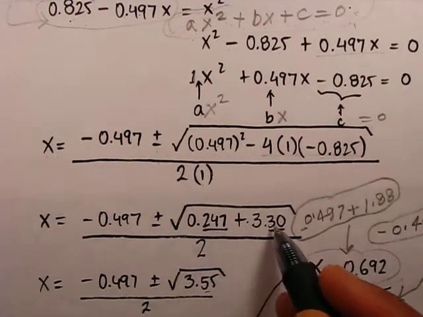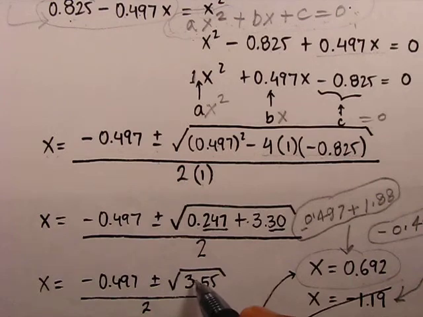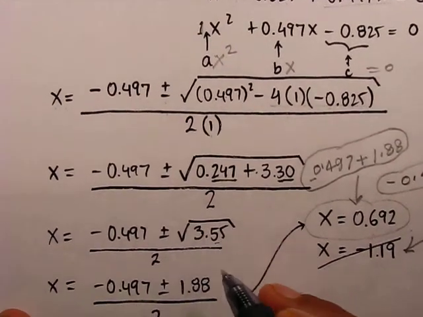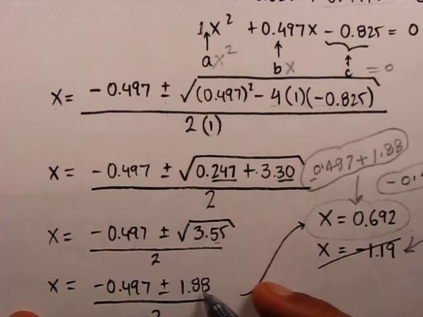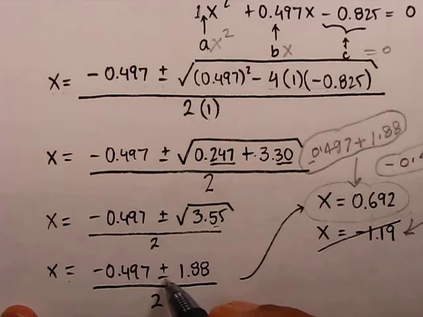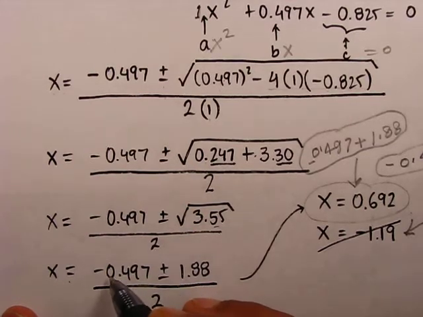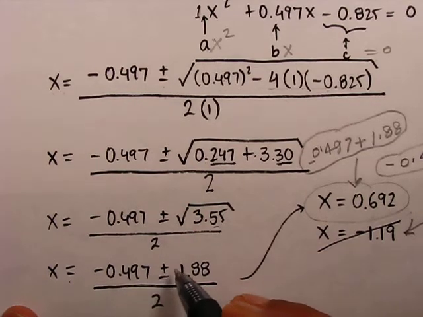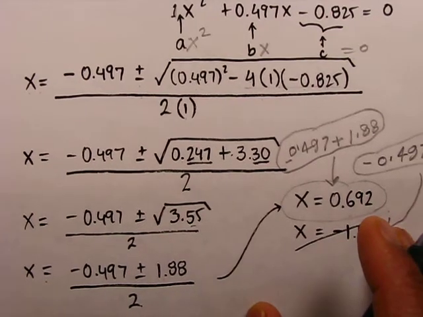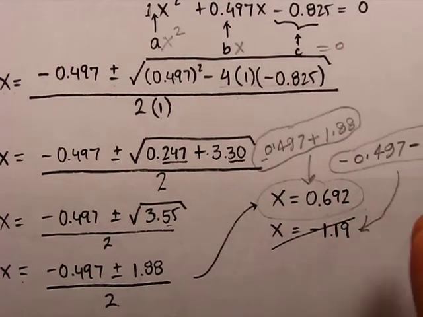Then we add these two values and come up with 3.55, and after taking the square root we get 1.88. So x will have two values: minus 0.497 plus or minus 1.88, divided by 2.